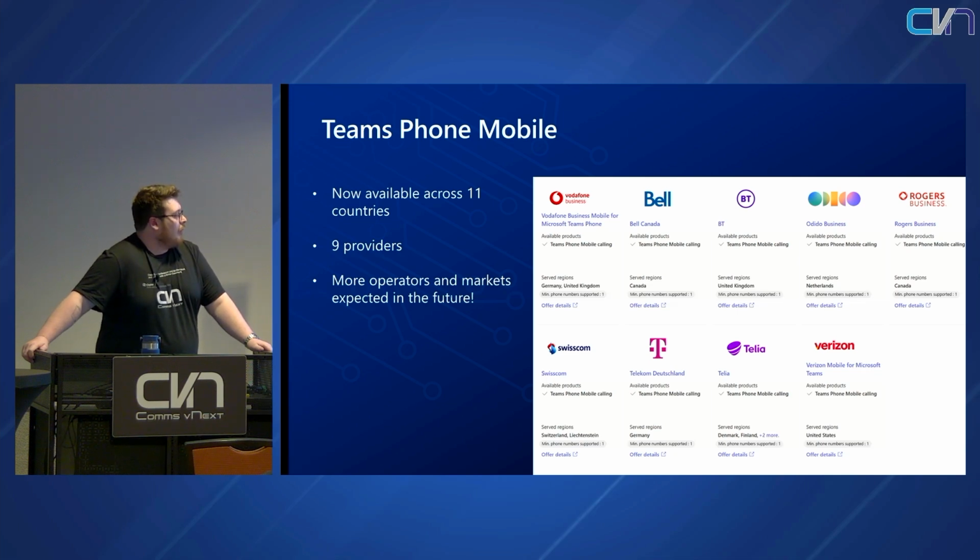We are expecting more operators and more markets in the future. We don't know how quick. We just got a couple more added recently to bring us up to that 9 provider list, so it is happening slowly, and we expect that to grow.